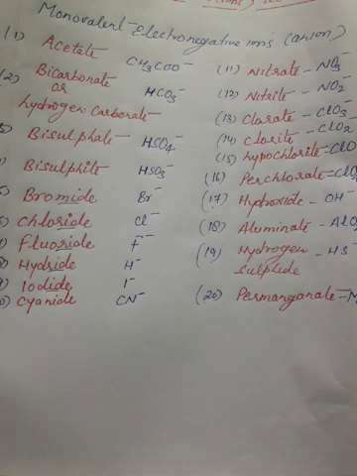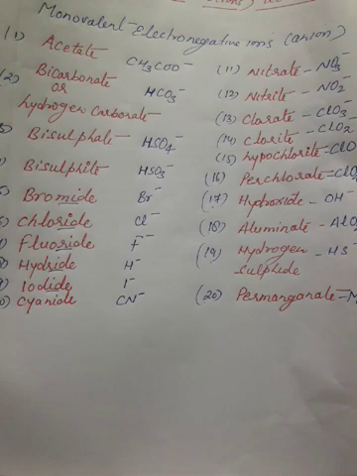When the word bis is added, it means hydrogen is present before the radical. So hydrogen sulfide, also known as bisulfide, HS minus. Then permanganate. This is also made up of two elements, manganese and oxygen. Permanganate valency is 1 only, MnO4.